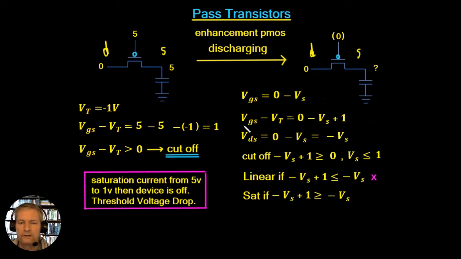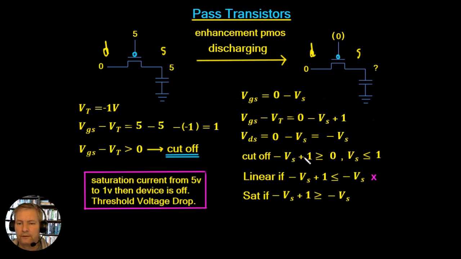So we're going to check and see the 3 possible regions of operation. So it's going to be in cut off if the VGS minus VT, which is this, minus Vs plus 1, is greater than or equal to a value of 0.